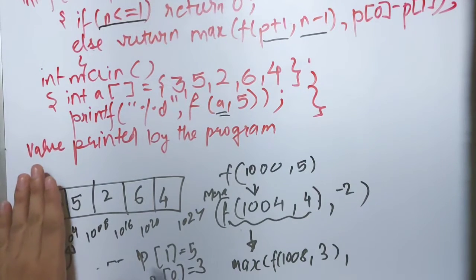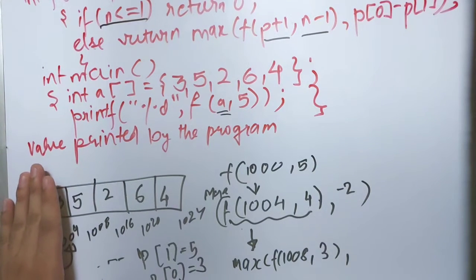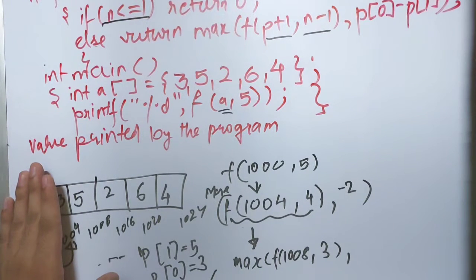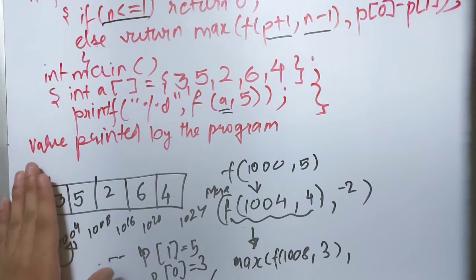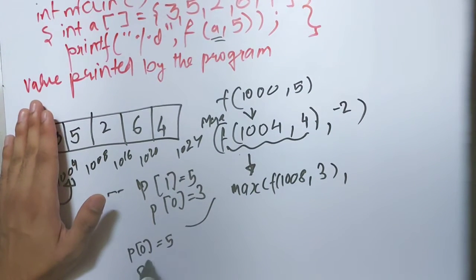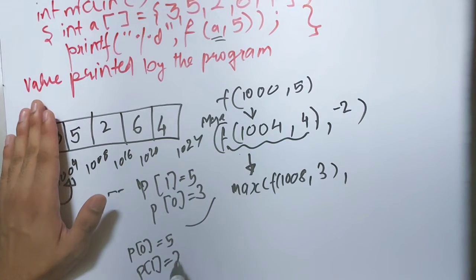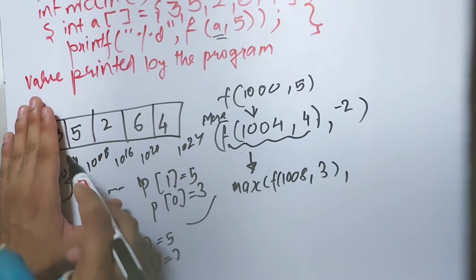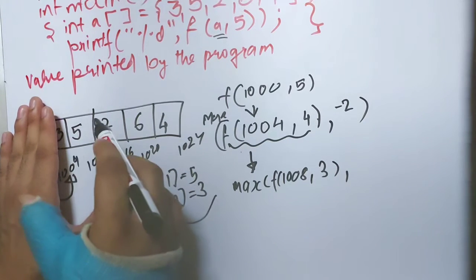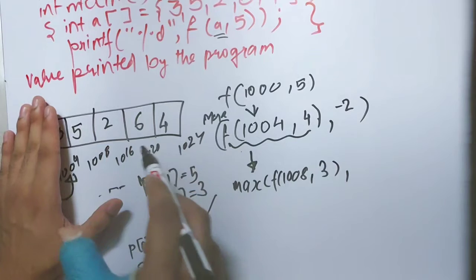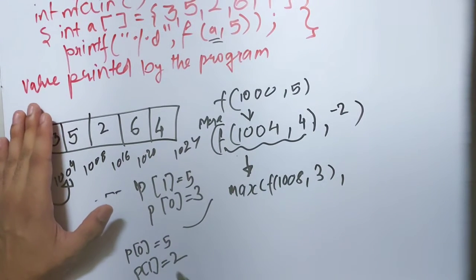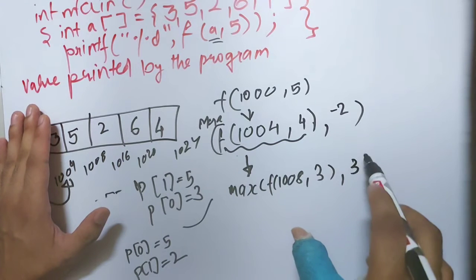Here p of 0 is 5 and p of 1 is 2, because we have shifted the array and p of 1 skips the first element. So p of 1 is 2, and 5 minus 2 is 3. So I'm writing here 3.